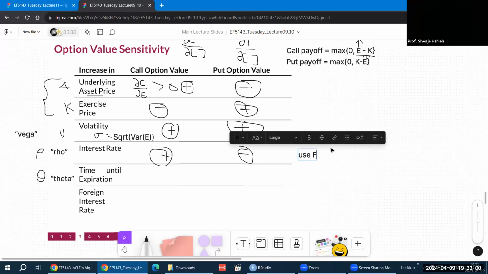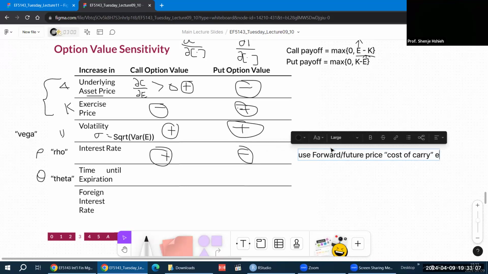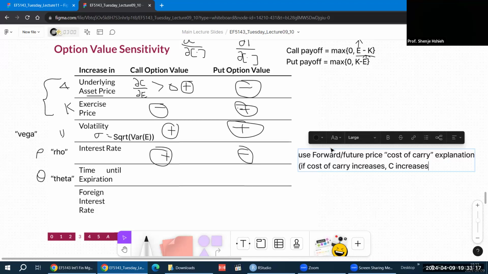Use forward future price cost of carry explanation, right? If cost of carry increases, C increases, and then you can think through put price as well. Same idea.